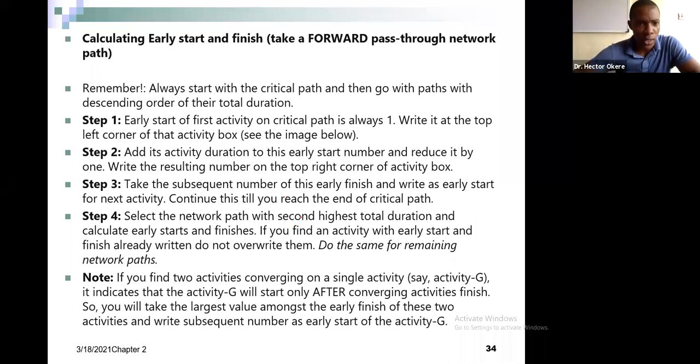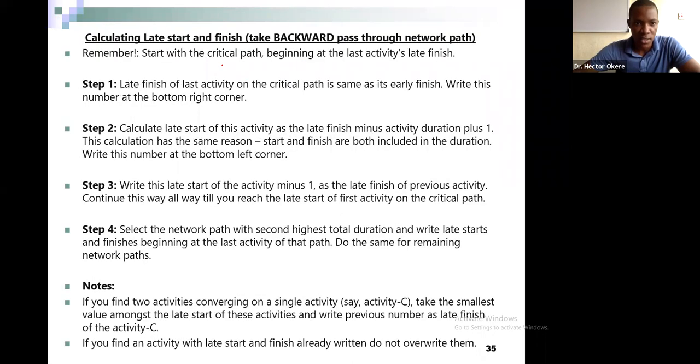So what were we talking about? Calculating early start and finish of an activity. You take the forward path, and we will get to this explanation. Late start and late finish of an activity.